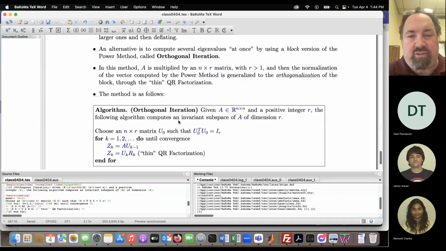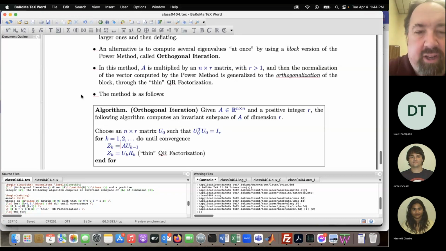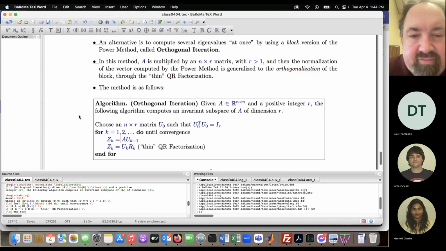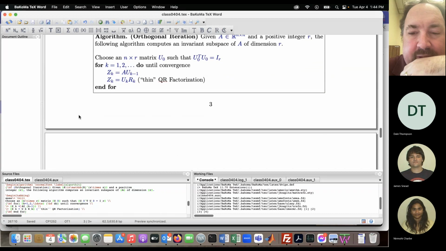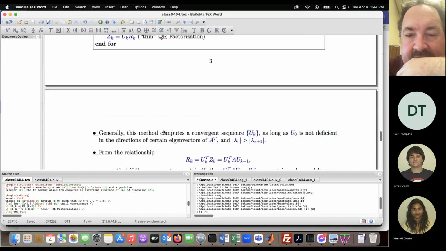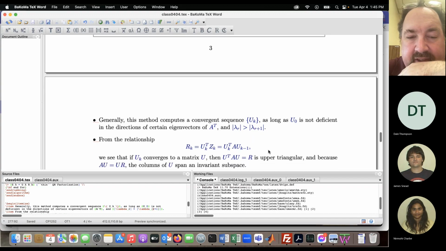All right, so this is the straightforward generalization of a power method to applying to a R column block. So how does it behave? As long as you have, well, there's a couple assumptions here, but this is the main one, that there's some separation between the largest R eigenvalues and all the rest of them. So this needs to be a strictly greater than.